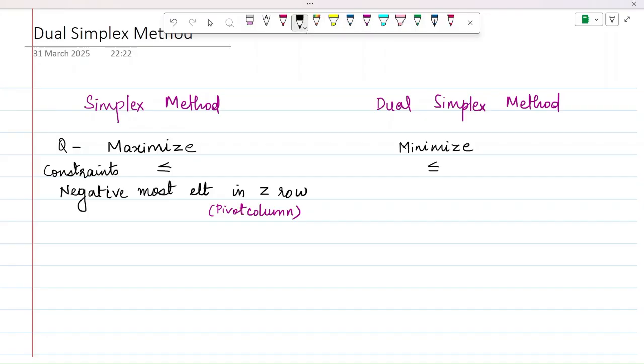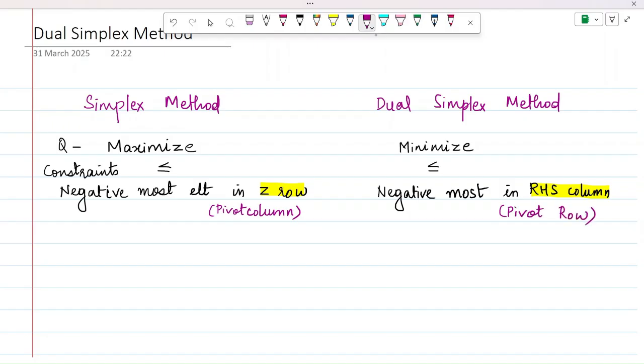Now in the dual simplex method, you will again look for the negative most, but this time you will look at the negative most in the RHS column. Understand the difference? Here we were looking in the Z row. Here we are looking in the RHS column for the negative most. Okay. And this now is going to give you the pivot row.